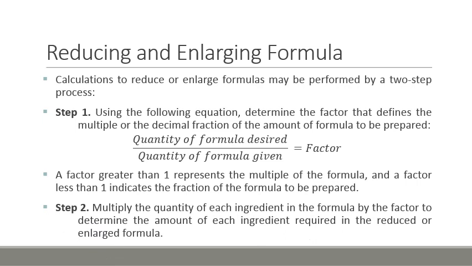Step number two is to multiply the quantity of each ingredient in the formula by the factor to determine the amount of each ingredient required in the reduced or enlarged formula.